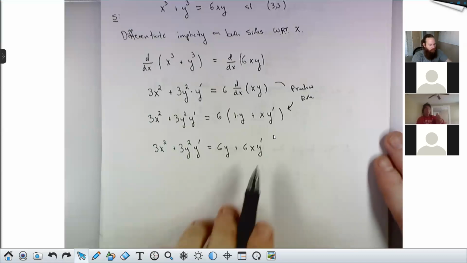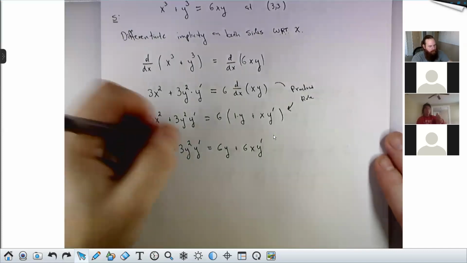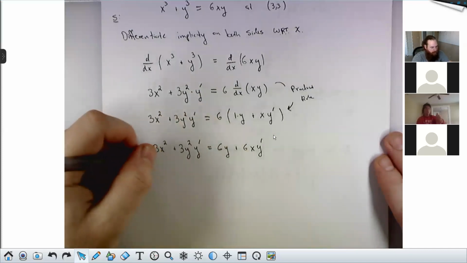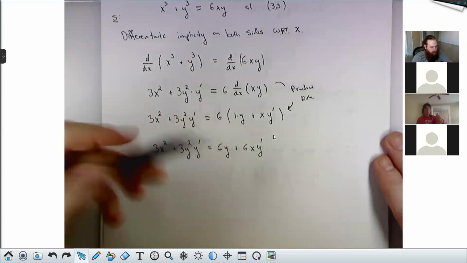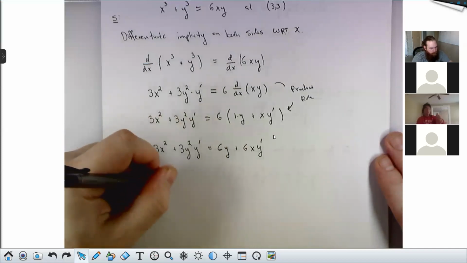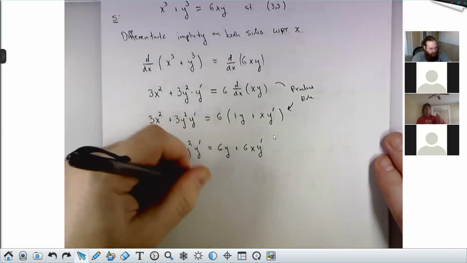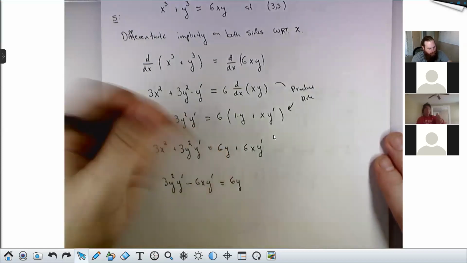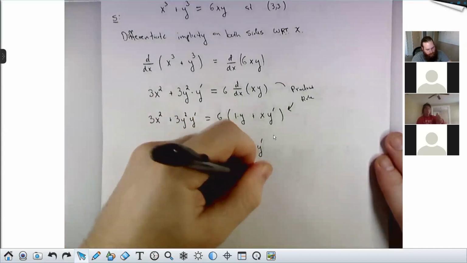So I'm going to pull everything that has a y prime to the left and shove everything that doesn't have a y prime to the right. So I'm going to subtract this over, and I'm going to subtract this over. The result is going to be 3y squared y prime minus 6x y prime equals 6y minus 3x squared.